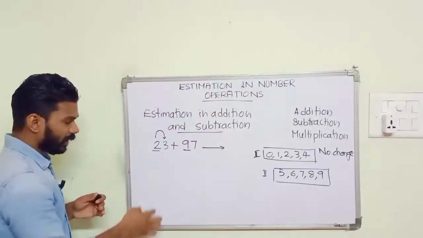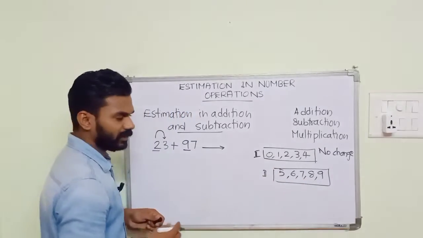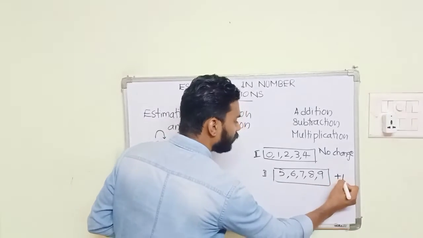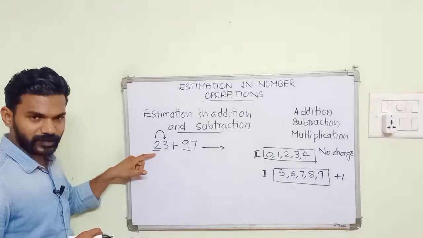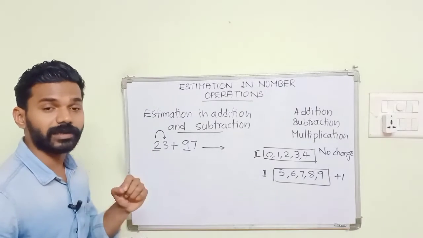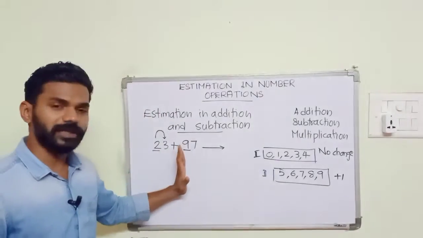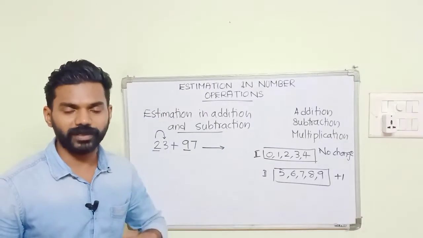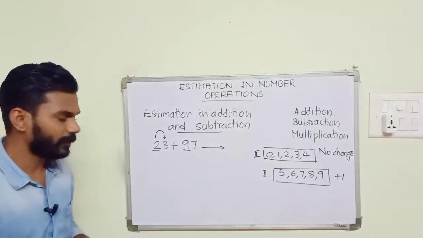And when our next digit belongs to the second group, then we need to add 1 to our required place. Here our required place is the tens place because we are rounding off to the nearest 10. In both these numbers the possibility is rounding off to the nearest 10. That's why we choose like that.